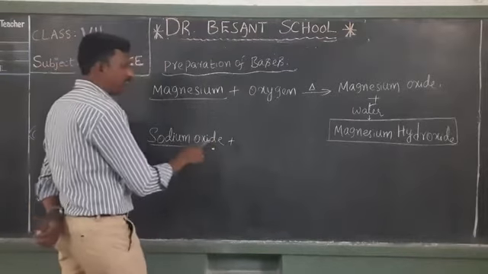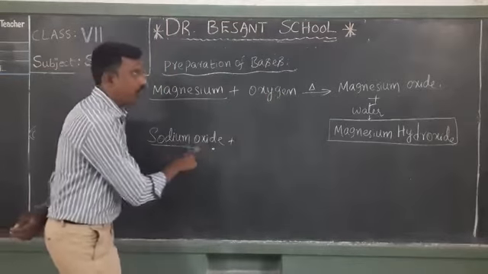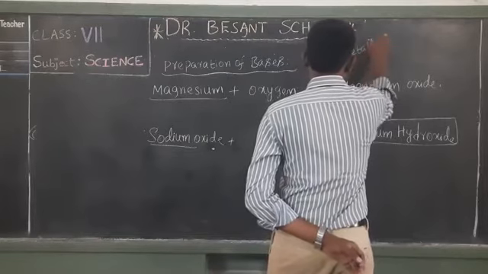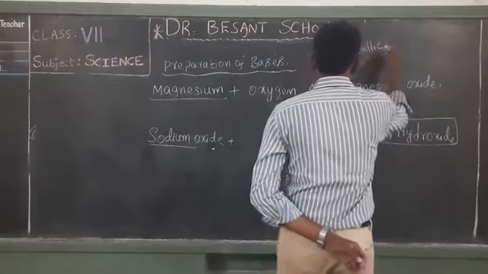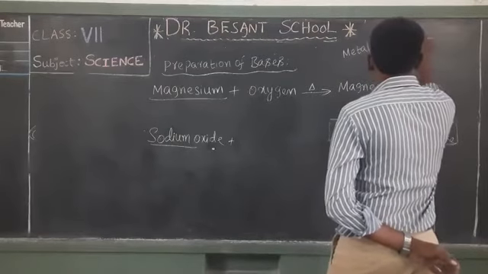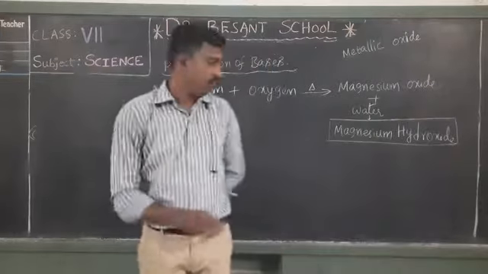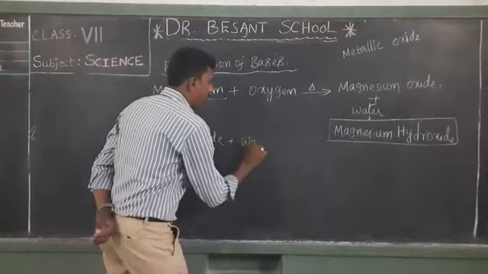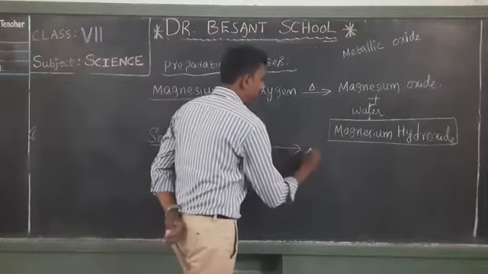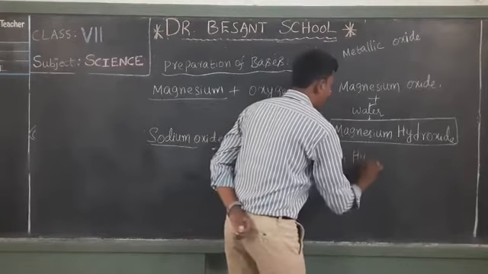Sodium is a metal which reacts with oxygen and produces sodium oxide, that is a metallic oxide. Remember this word. In the previous part, in the preparation of acids, we considered non-metallic oxides. Now we are considering metallic oxides. When these metallic oxides are dissolved in water, we produce a substance called sodium hydroxide.